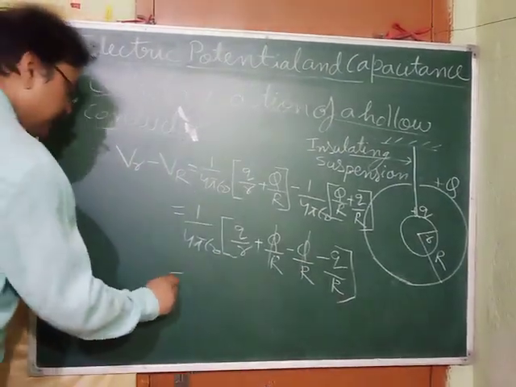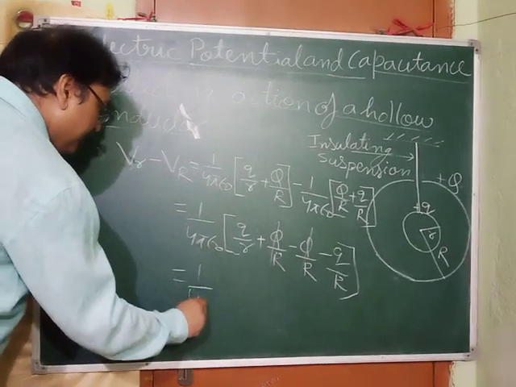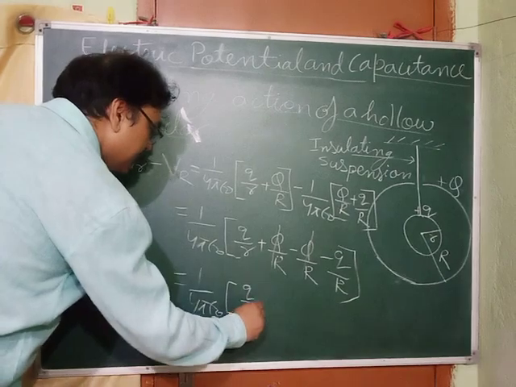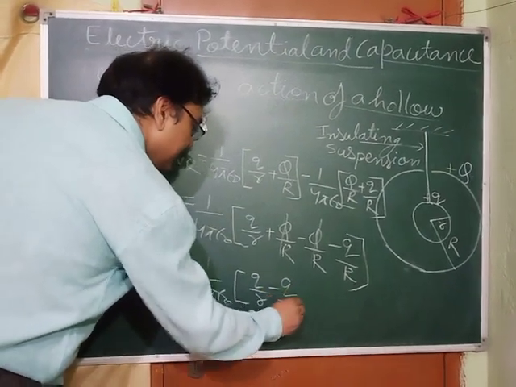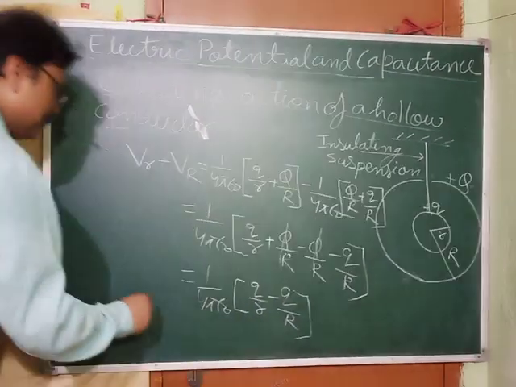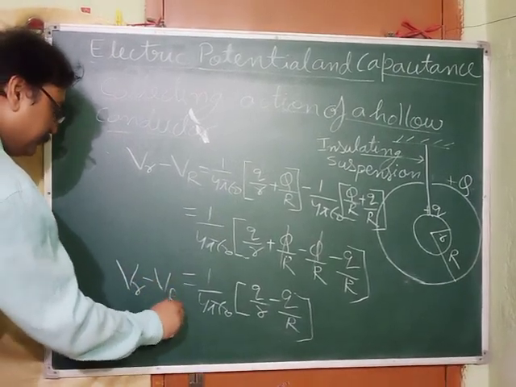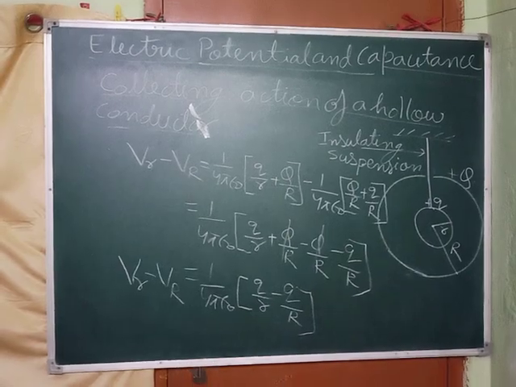What is left is 1 by 4 pi epsilon naught, q by r minus q by capital R. This is our VR minus V capital R, that is the potential difference between the two cells.